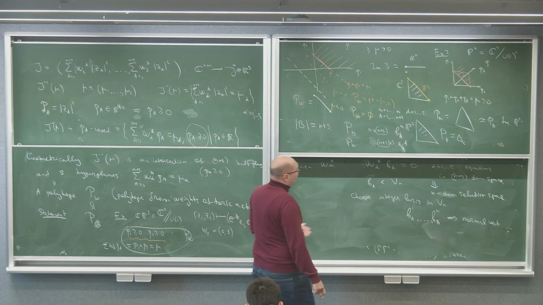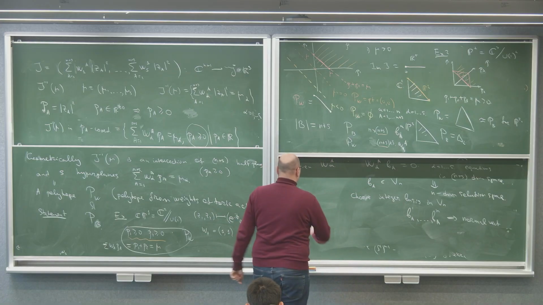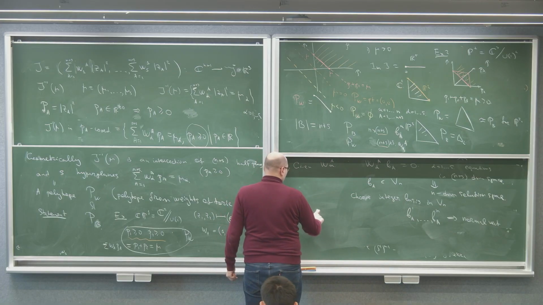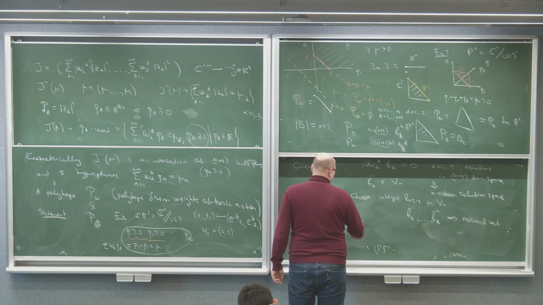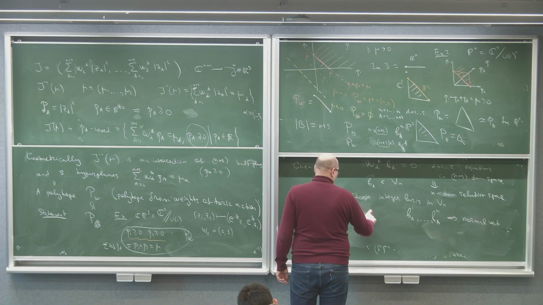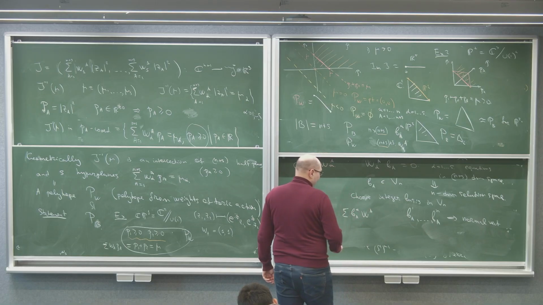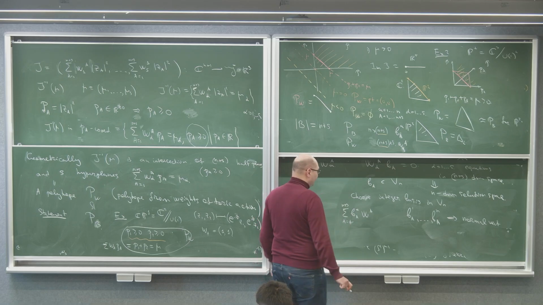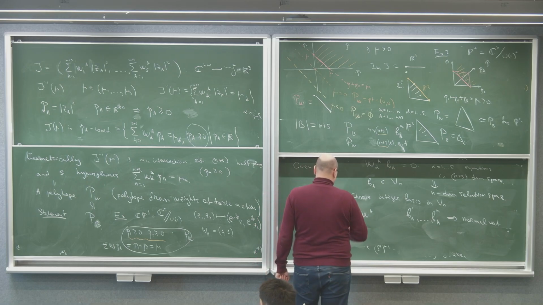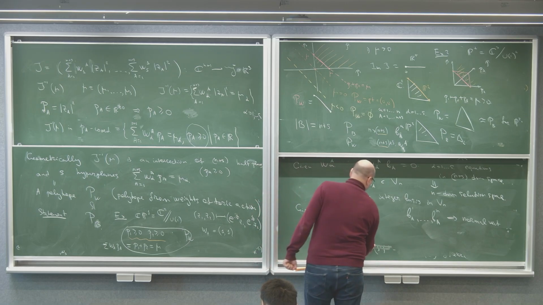And then similarly, given these vectors b, we can once again consider this set of equations. It's once again equations in (n+S)-dimensional space, but now there will be n equations.